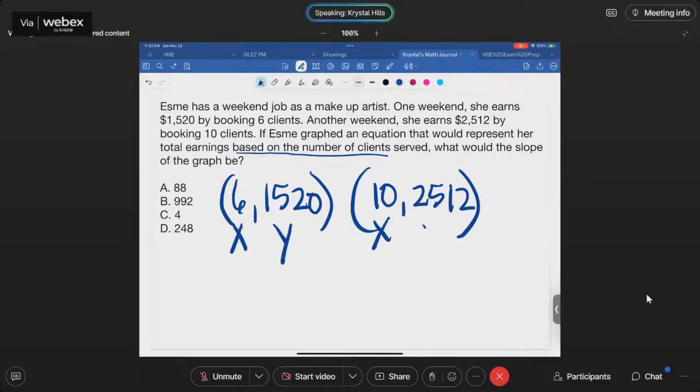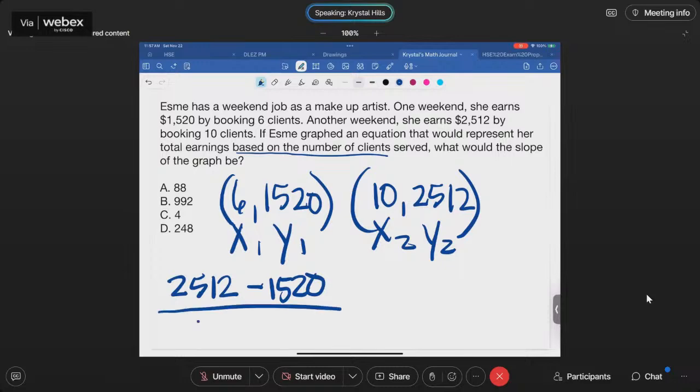That's X, that's Y. 2512 minus 1520, divided by 10 minus 6. What's 2512 minus 1520? 992. And 10 minus 6 is 4.